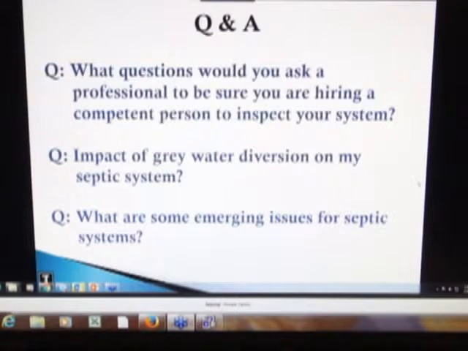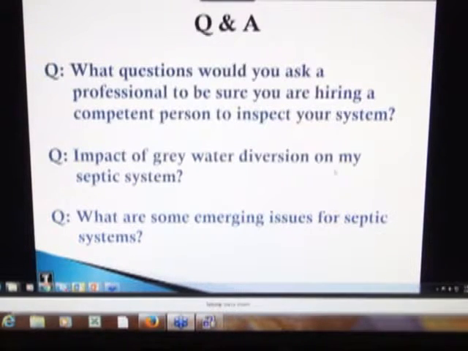So we actually don't run into that a lot. We'll see once in a while people have a separate system, so the gray water will go to its own tank and may have its own lateral, but nobody's actually reusing it for any purposes in my local area.